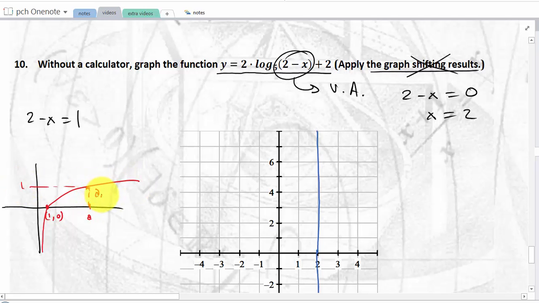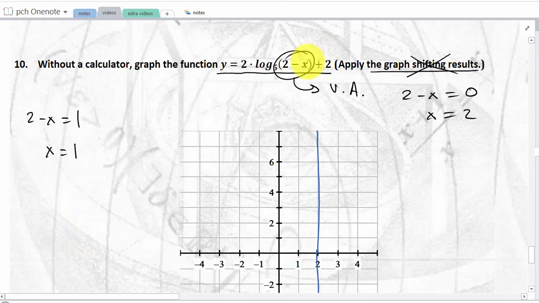So this is the first one, okay? If the input is 1, the output is 0. So this happens where? It happens at x equal to 1. If x is 1, the output of the log is 0. And therefore 2 times 0, 0. So y is 2. If x is 1, y is 2. Here we go, right here.